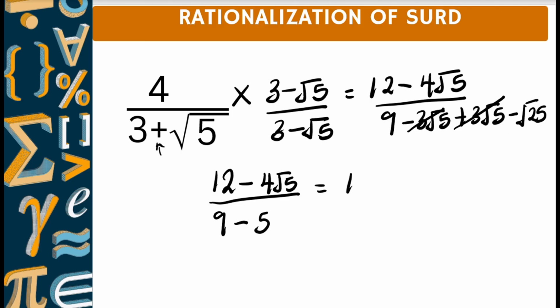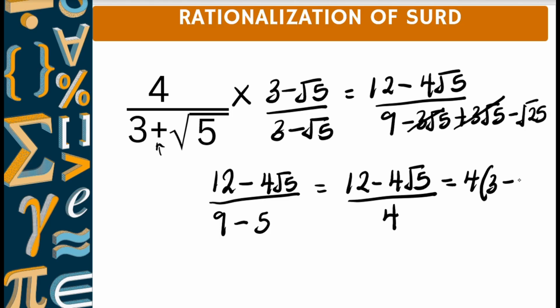Then I'll have 12 minus 4 root 5 all over 9 minus 5, which gives me 4. Solve further by factorizing the numerator. What we have common here is 4. 4 in bracket would be 3 minus root 5 over 4. So dividing this out, we're left with our final answer.